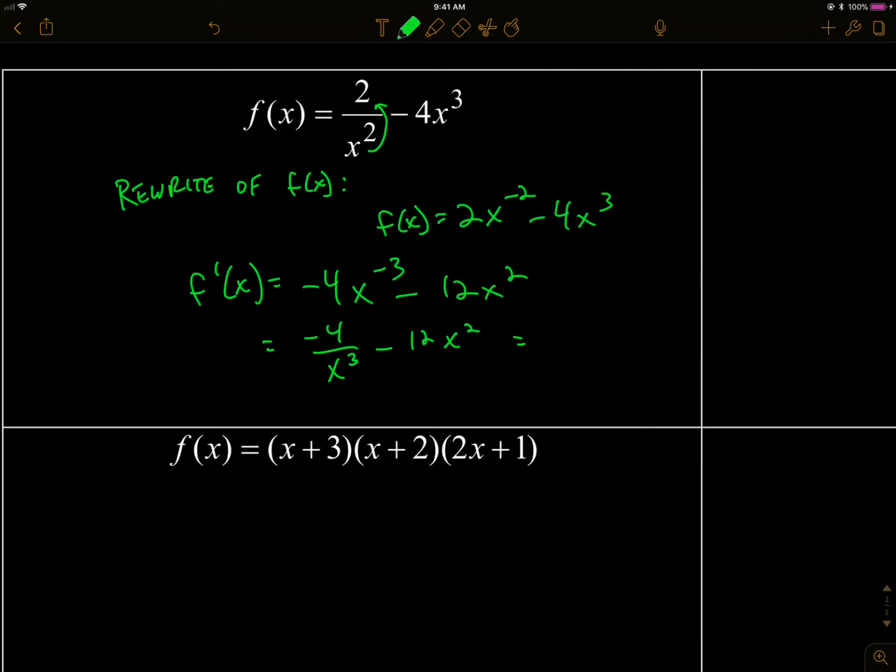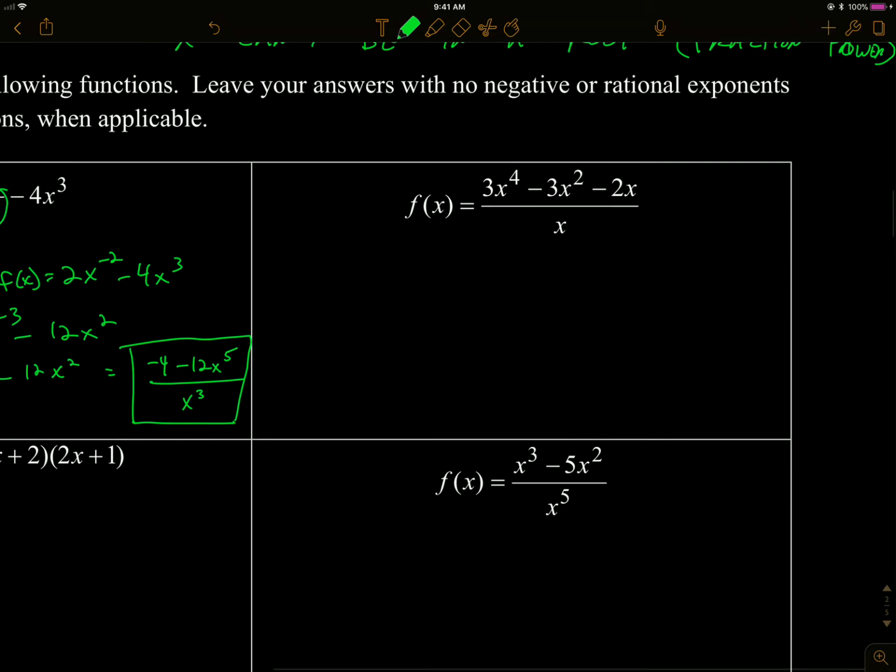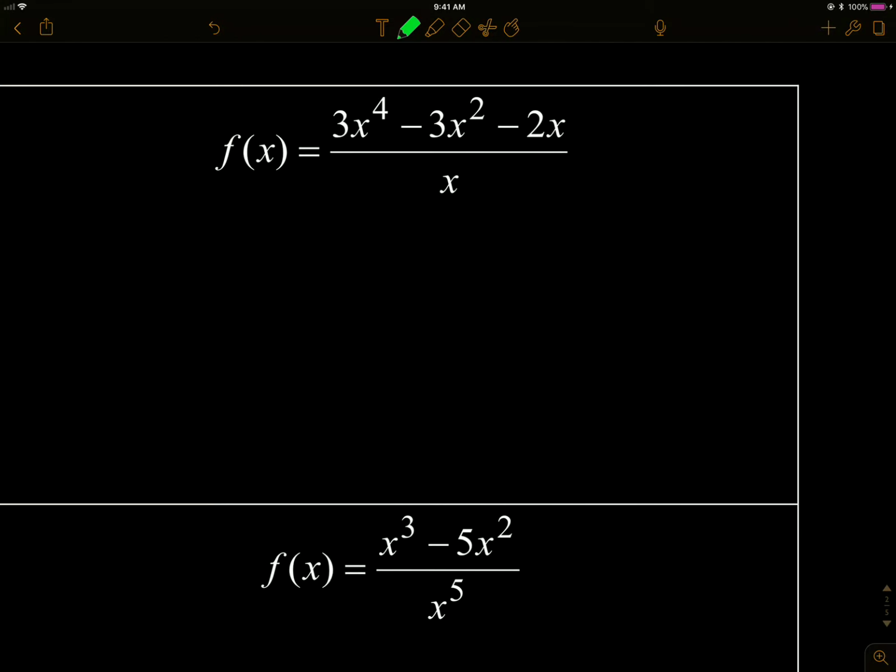And then we typically even like to get it in one fraction if there's multiple fractions. So it'll be negative 4 minus 12x to the 5th over x to the 3rd. I did some common denominator work there. I'm not showing you every step. We can talk about that in class when you start doing some of the practice. You'll have a bunch of these in practice.